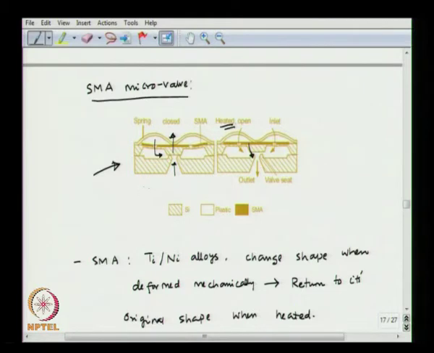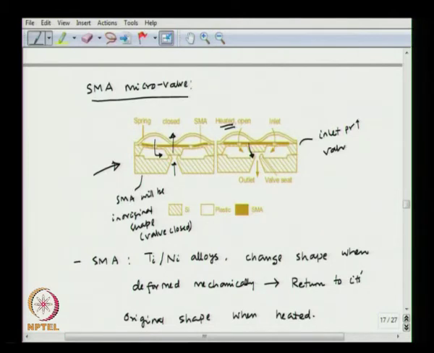So, here the SMA will be in original shape. So, valve closed. Now, in this case inlet pressure increases.